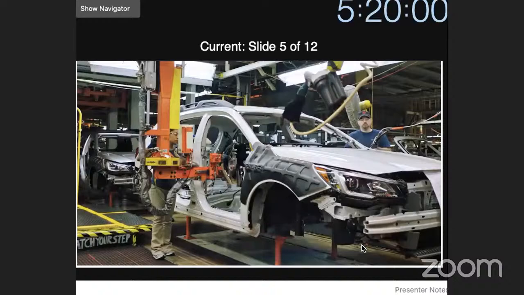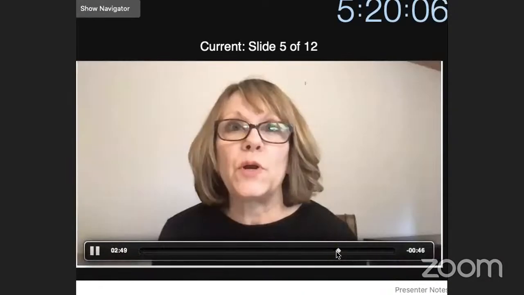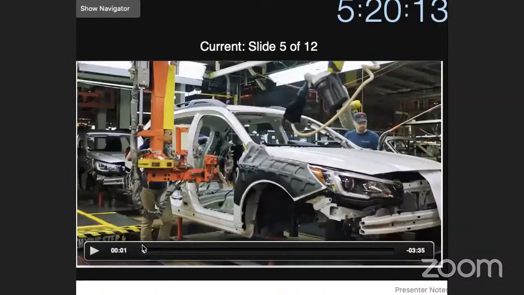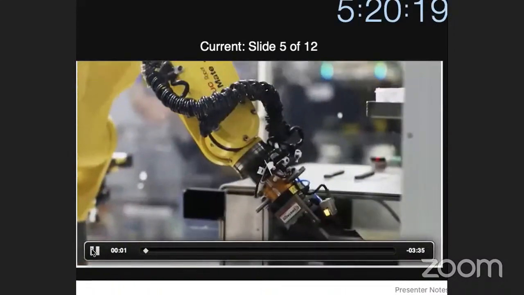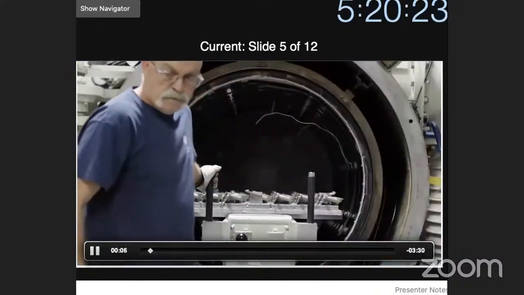So companies are using industrial Internet of Things to target manufacturing. I'll just show you first how GE is using the industrial IoT, and then I will talk about that.